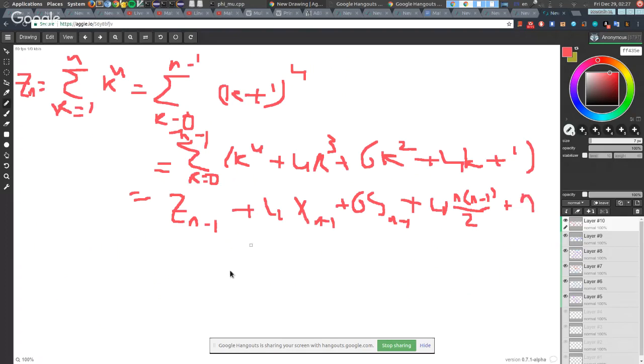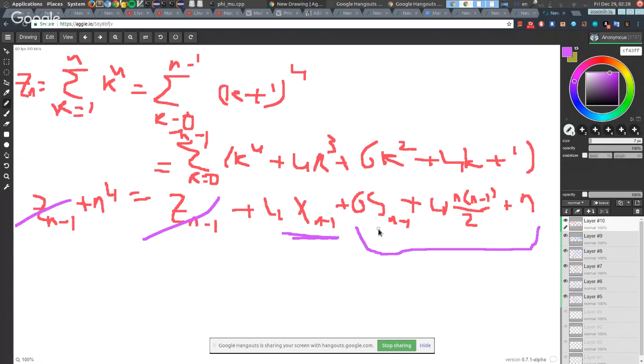Here we have n, and here we substitute for the n minus 1, so n for 2. So basically here it's the same trick, so we take this out of this, and here we have an expression for xn minus 1, which is the sum of cubes, and it's all representable in the sum of squares and sum of linear numbers and so on. And so we can basically try to find this xn minus 1, and it has a formula indeed.